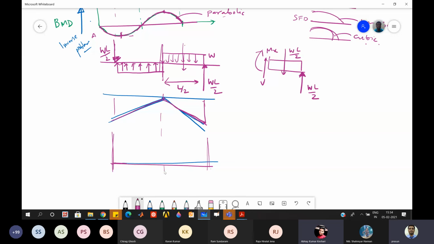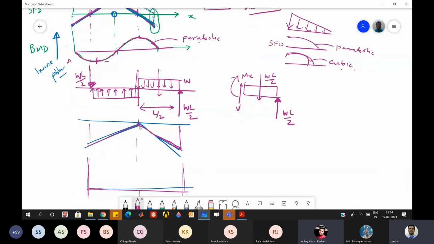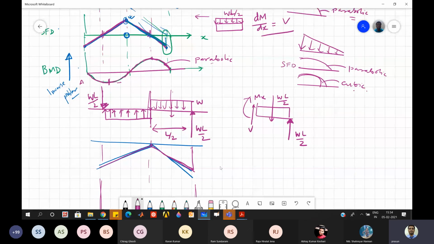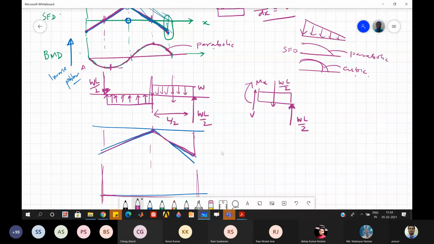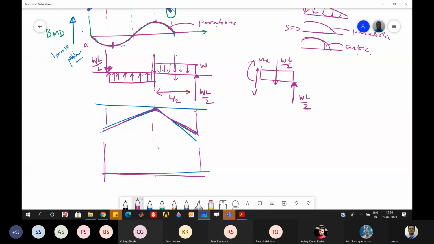So the moment diagram will happen like this. You can see here there is a moment 0 at this particular point, and the slope will be 0, right? Let us see here.